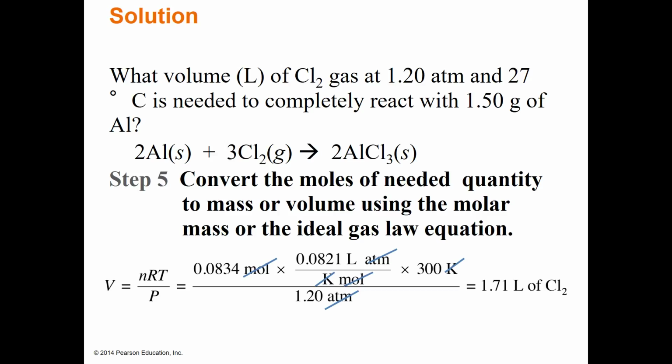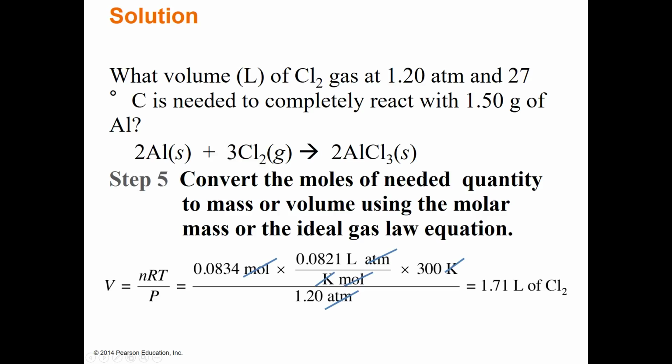Okay. Any questions on this page before we go on and start plugging these numbers into the PV equals nRT equation? Everybody good on this? Okay, so we're going to go ahead. We needed to find the moles from the mole ratio, or the mass-mole ratio, because we needed the n to plug into the PV equals nRT, the ideal gas law equation.